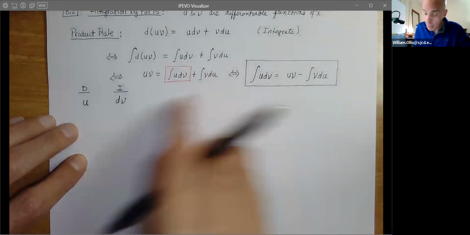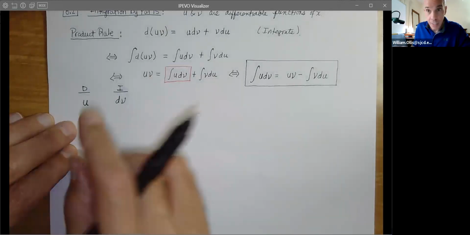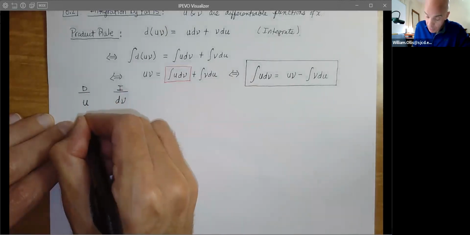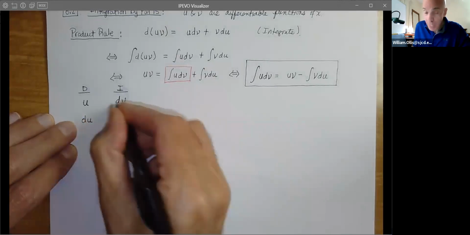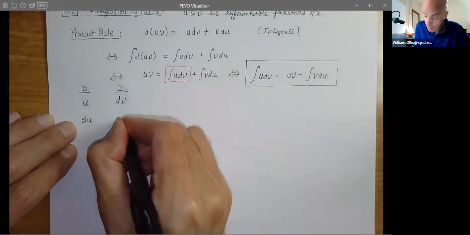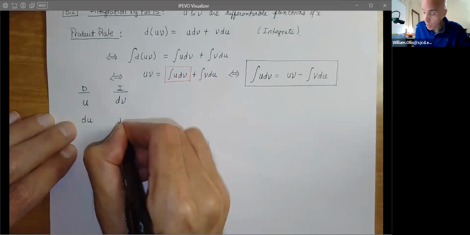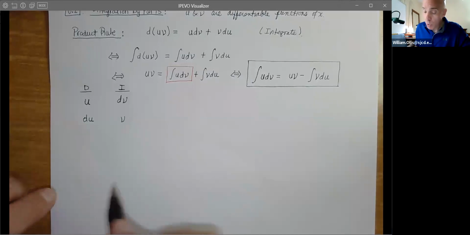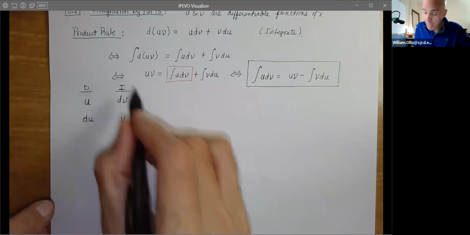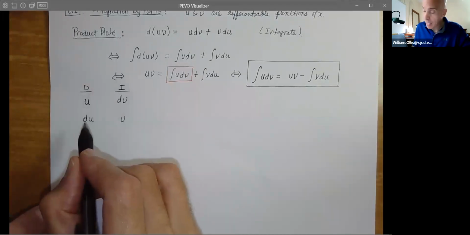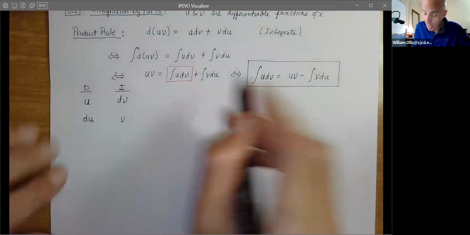So the idea is if we differentiate this differential style, we get du. And if we integrate the dv, we just get the v. And of course, we have constants running around, which we'll just absorb into this for now. So when you do this, this would be a way of organizing the technique and saying, okay, we need u times v.